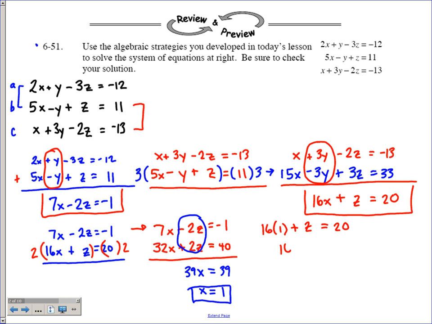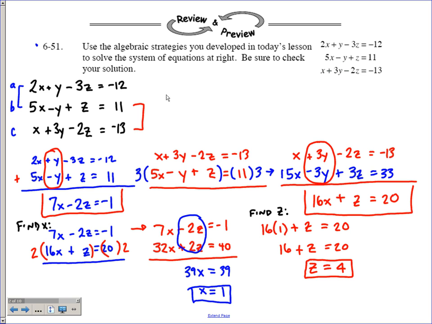Well, this is going to be 16 plus z equals 20, so I subtract 16 from each side, and I get z equals 4. Now we've got x is 1 and z is 4. Let's go ahead and just mark these. This is to find our z value here. We use the system here to find x.